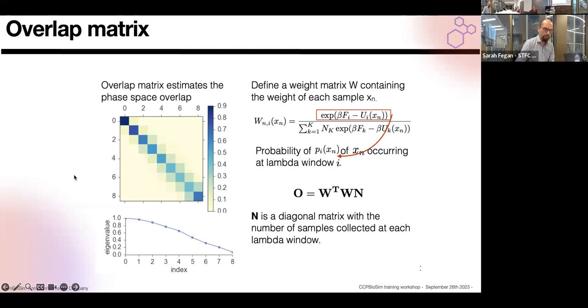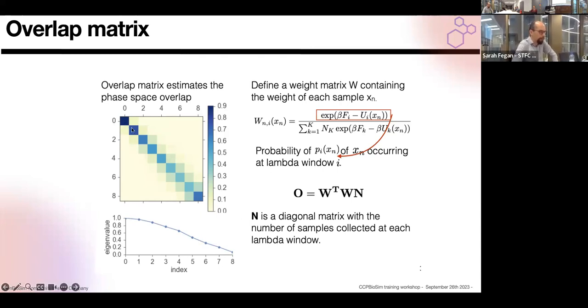Another concept that you'll come across in the workshop today is that of the overlap matrix, which is a tool to diagnose the quality of an alchemical free energy calculation. You can think of this as a measure of the probability that a sample that is observed at a value of lambda would also be part of the distribution of samples that occur at another value of lambda.